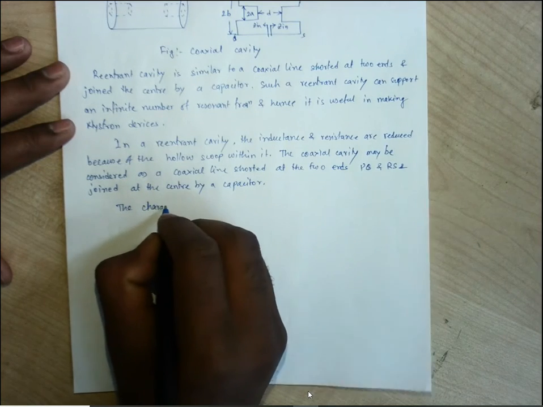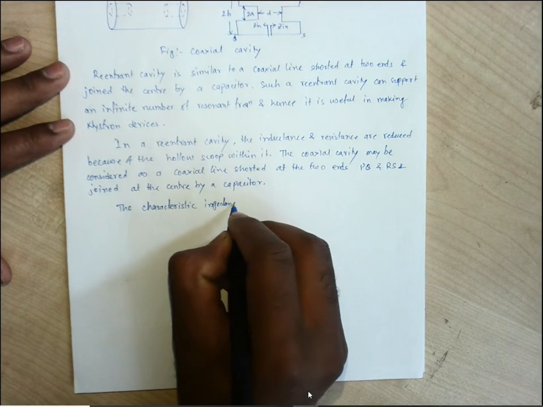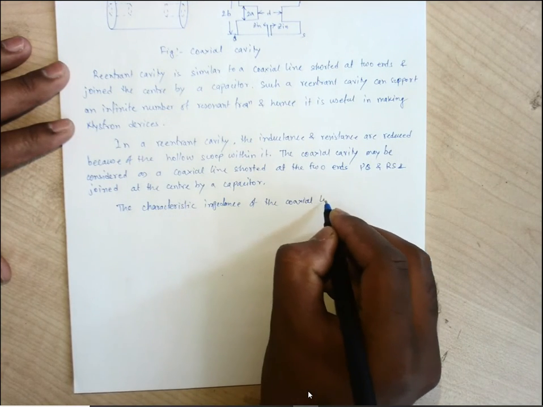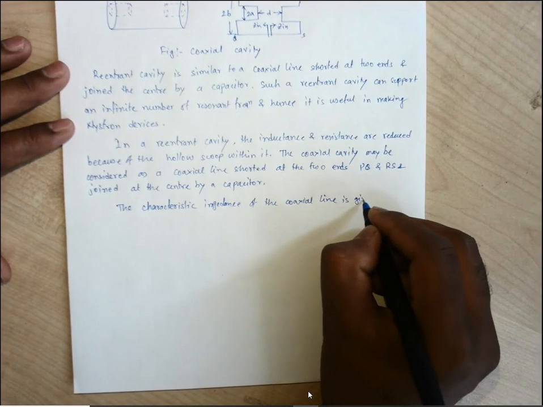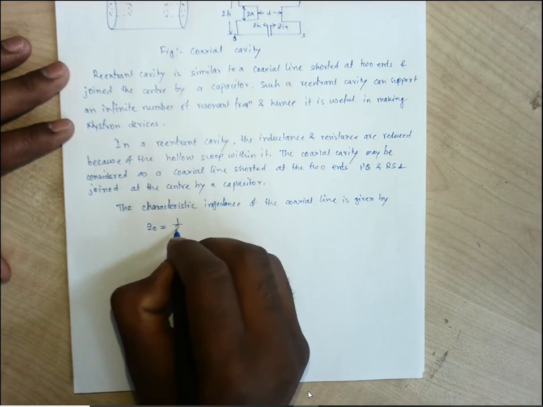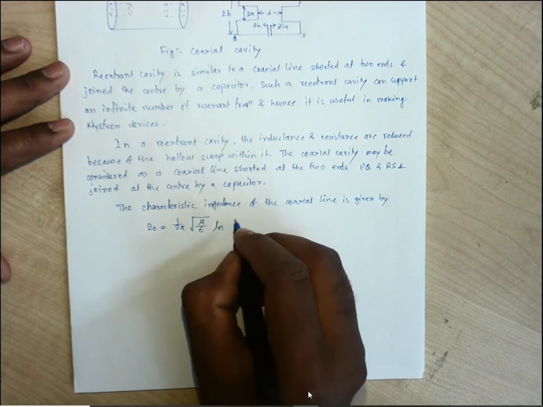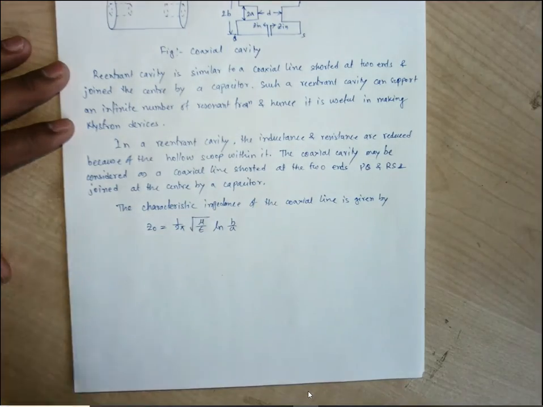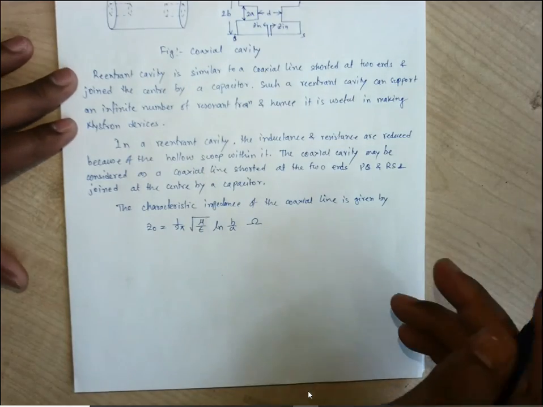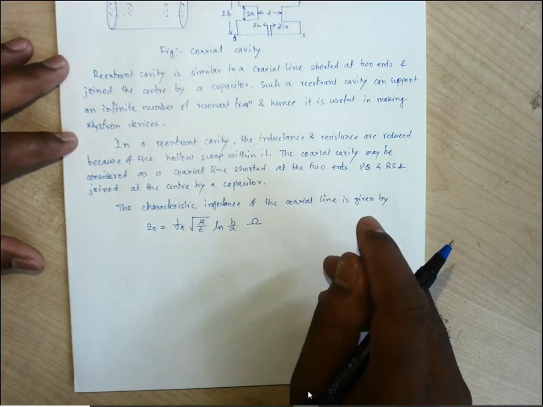The characteristic impedance of the coaxial line is given by Z0 is equal to 1 by 2 pi root over mu by epsilon natural logarithm of b by a, half b and half a, ohms.